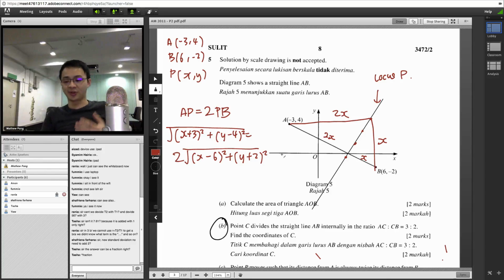Alright, so you will need to solve this equation in order to get the locus. Remember, whenever the question asks about locus, just use the distance formula.